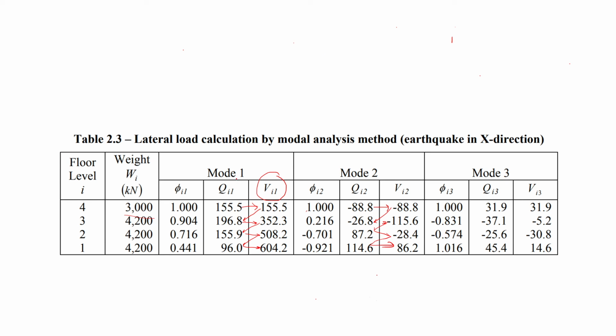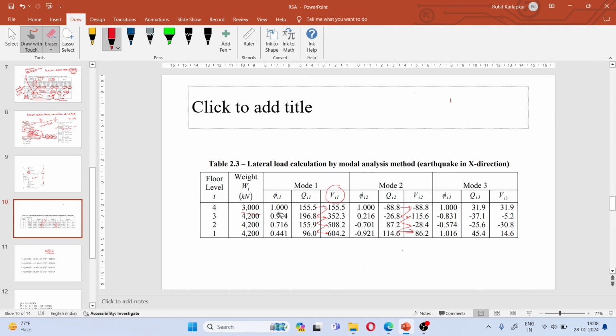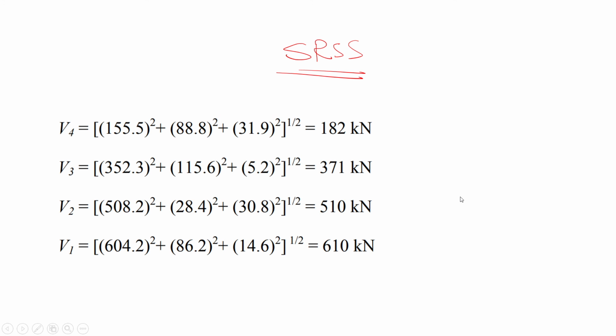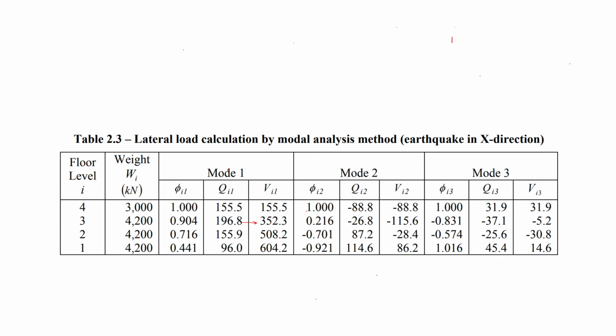So what this method tells us is that for the final story, or fourth level floor, for mode 1 the value of shear is 155.5, for mode 2 it is 88.8, and for mode 3 it is 31.9.